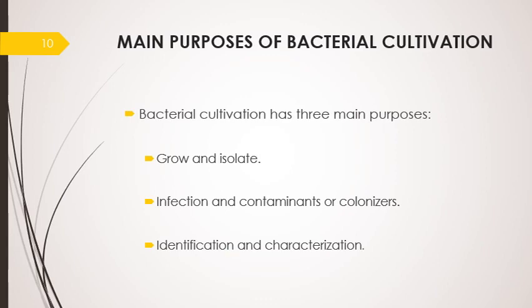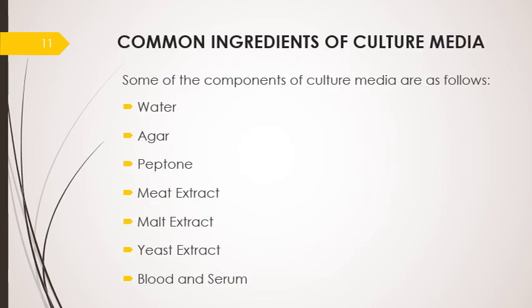In addition to this, bacterial cultivation helps us to identify and to characterize the specific microorganism of our need. And this is all possible through microbial or bacterial cultivation. Culture media gives an artificial environment simulating the natural conditions necessary for growth of microorganisms.